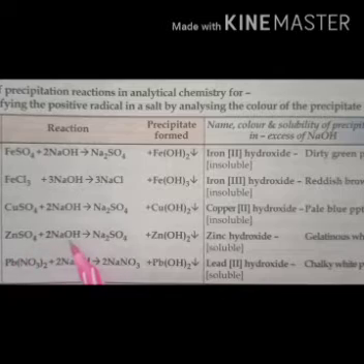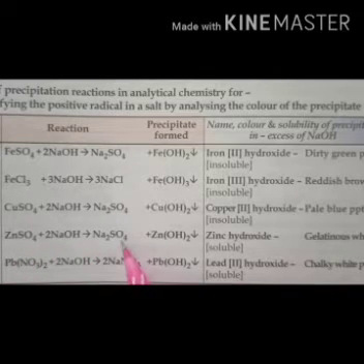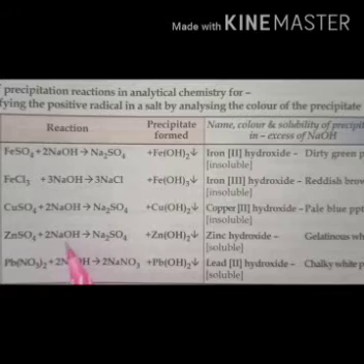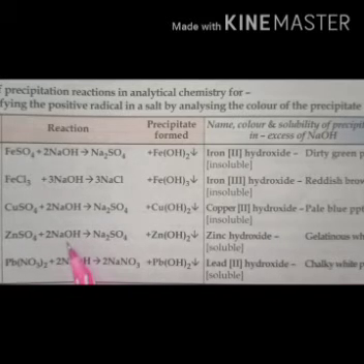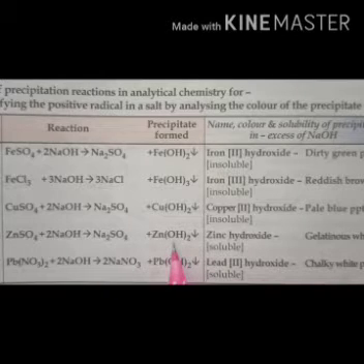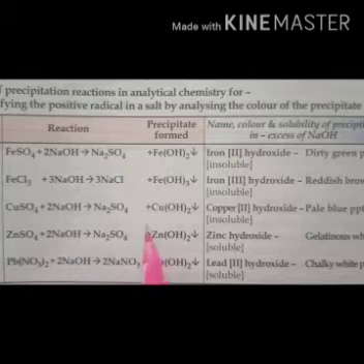Zinc sulfate, when reacting with sodium hydroxide, gives sodium sulfate and zinc hydroxide, and you get a gelatinous white precipitate, which is soluble in excess of sodium hydroxide. In the starting you get a gelatinous white precipitate, but if you add more sodium hydroxide to that solution, then what will you get?